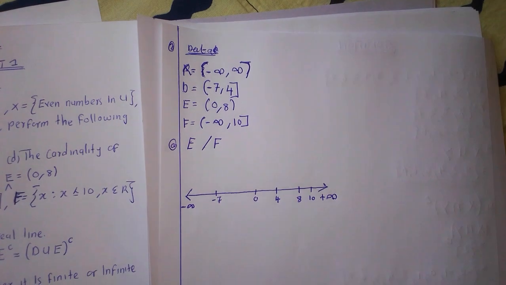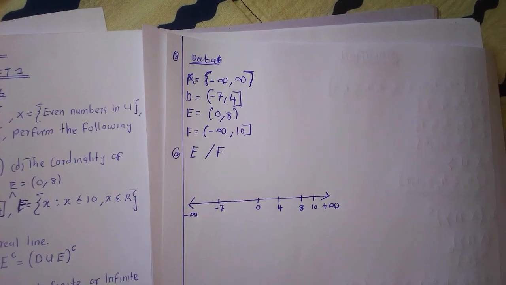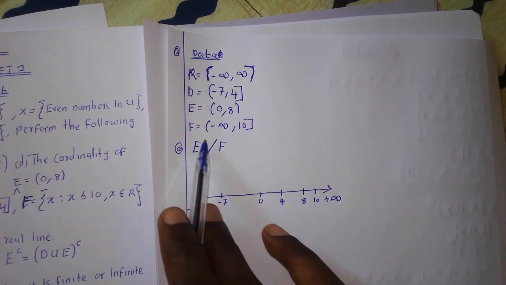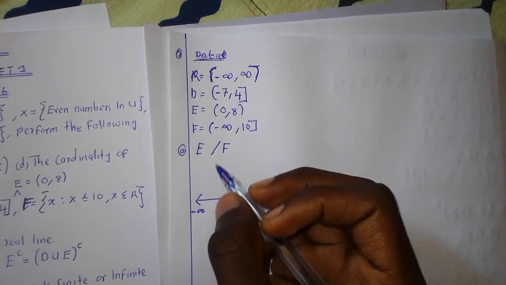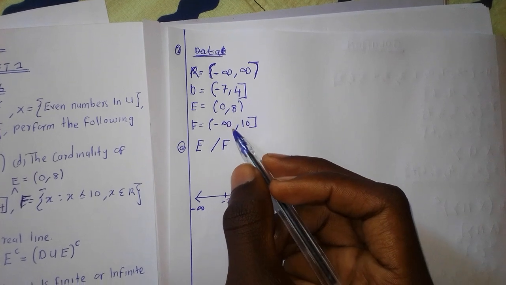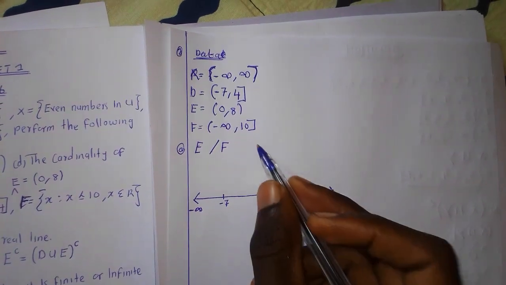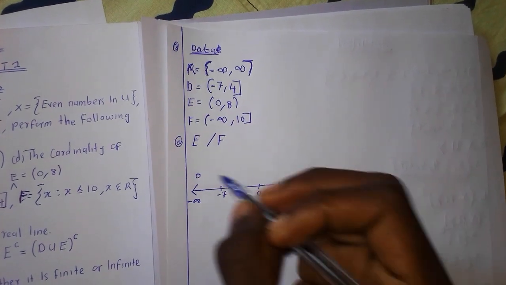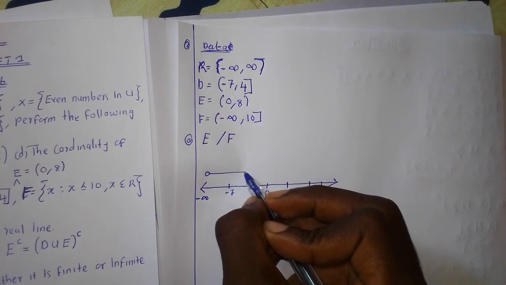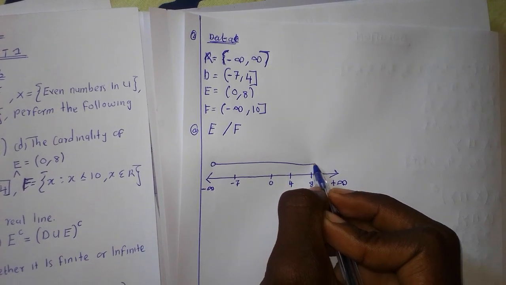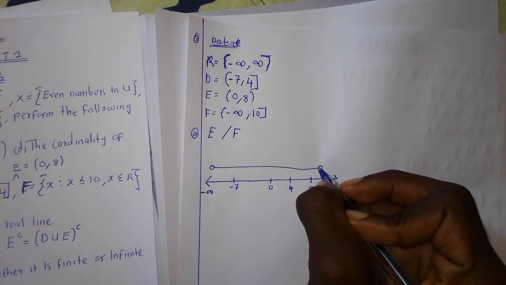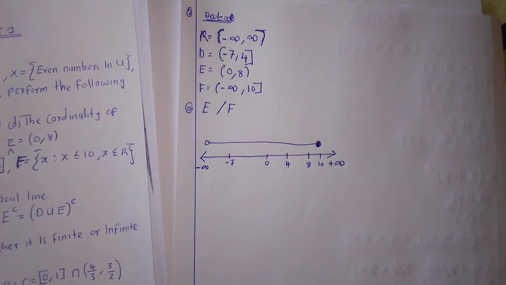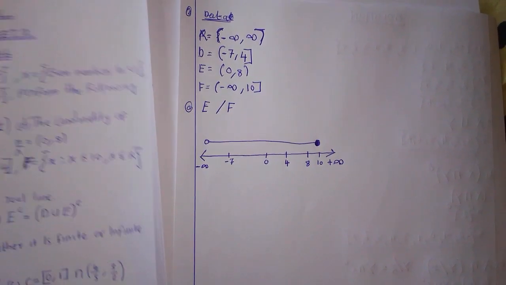Now, since we are finding E/F, I'm going first of all to draw F. Now, we have been told that F is coming from -infinity up to some point 10 included. So I'm going to put some open circle at -infinity, and I'm going to take this line where 10 is, and I'm going to draw a circle, a dotted circle like that, okay, to show that 10 is included.